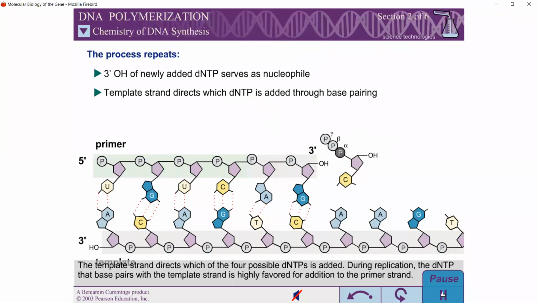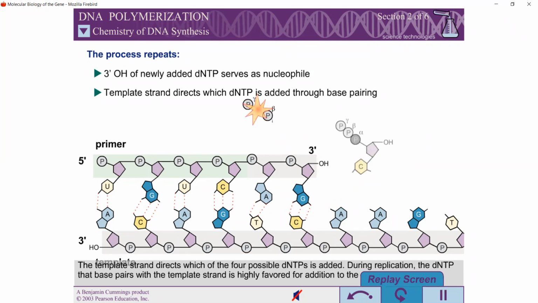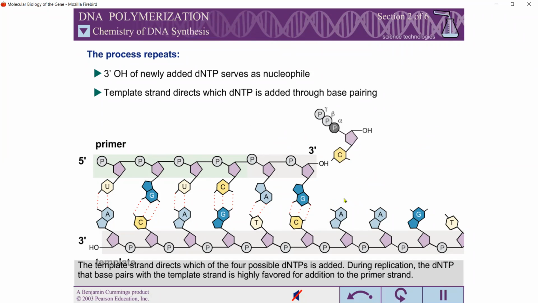In the animation just now, they showed that if a wrong nucleotide comes by chance, it cannot pair and automatically leaves. I'm showing you the repeat of the animation once more. A wrong nucleotide is entering. Since C cannot pair with A, there is no base pairing; it is A-T base pairing, and then the nucleophilic attack.